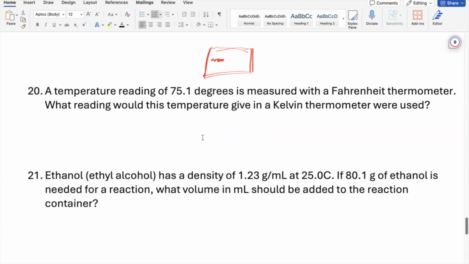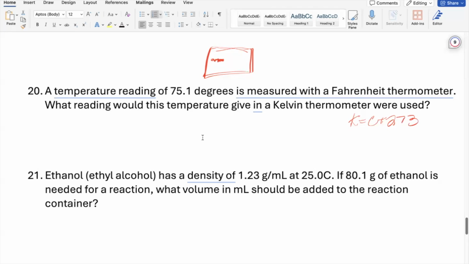All right, 20. Again, this takes us back to the beginning of module 1, talking about temperature. So you would get these temperature formulas, but just as a reminder, Kelvin equals Celsius plus 273. And it looks like we're also going to need the relationship between Kelvin and Fahrenheit.